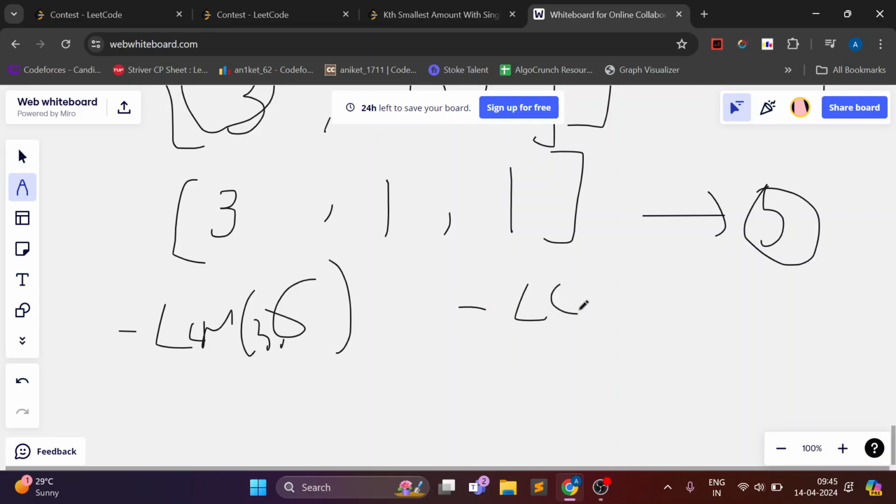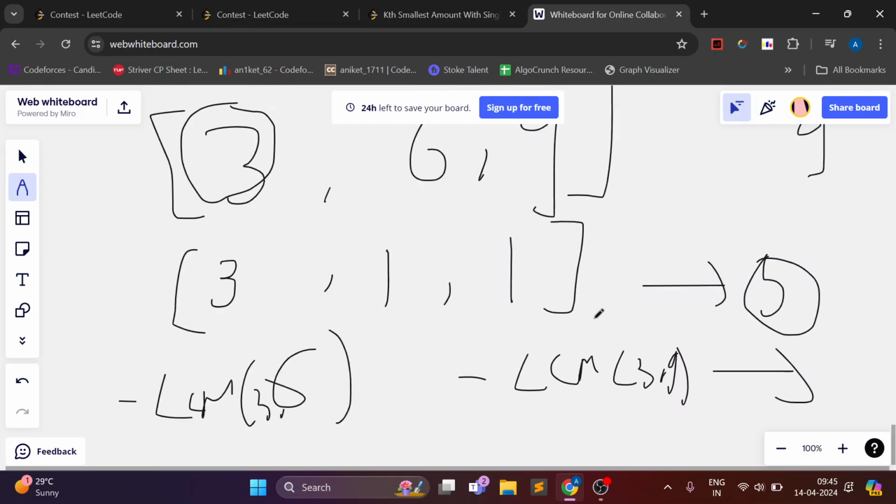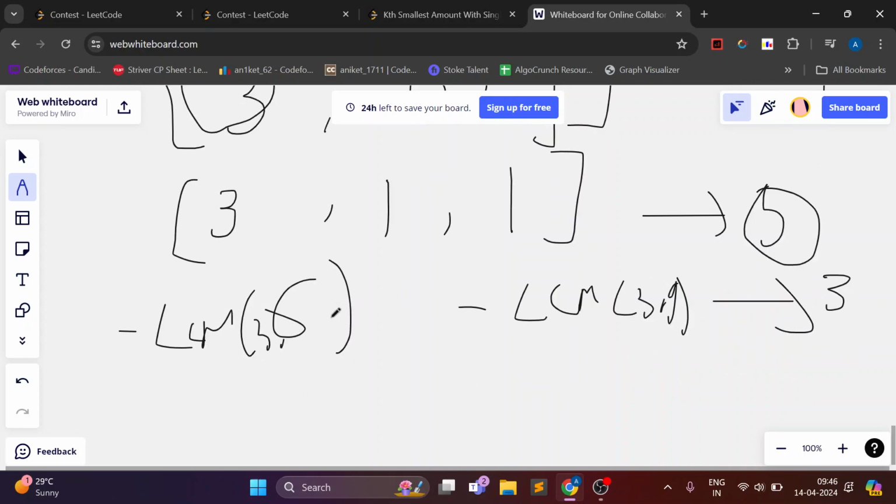Similarly, I will calculate the LCM of 3 and 9 and subtract them from this 5. Now we subtracted two elements, so we got 3. But there is also a possibility that while removing this, we removed too much.